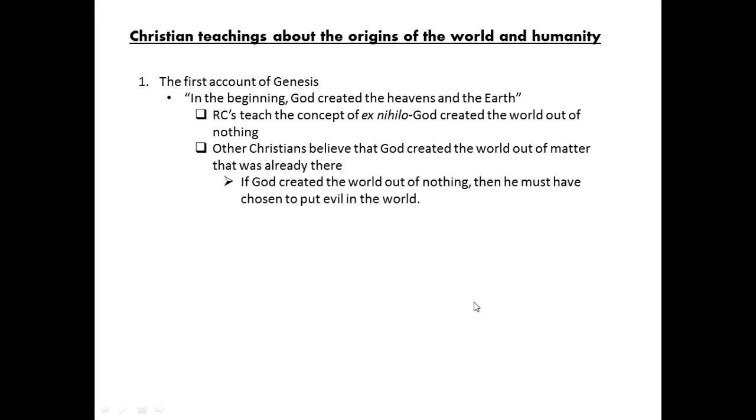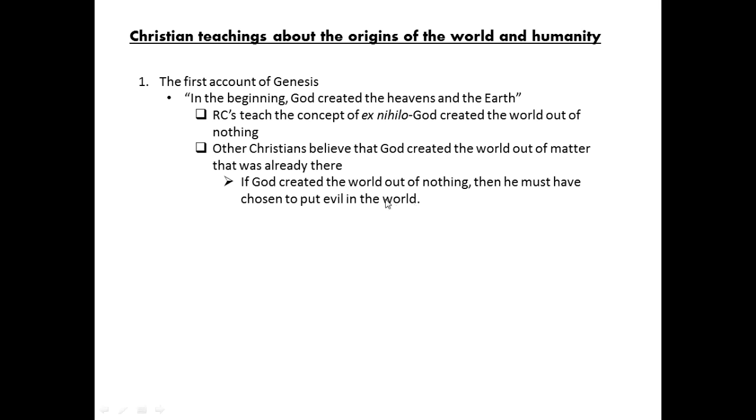And this would be that if God created the world out of nothing, then he must have chosen to put evil in the world, because if he had clusters of matter to make the world with and evil was already in there, it's kind of not really his fault that the world has evil, because he didn't choose to put that evil in that cluster of stuff and matter.